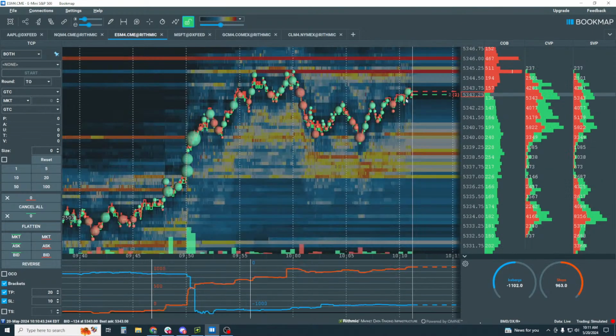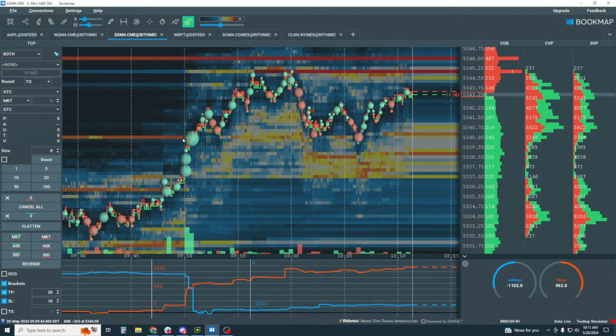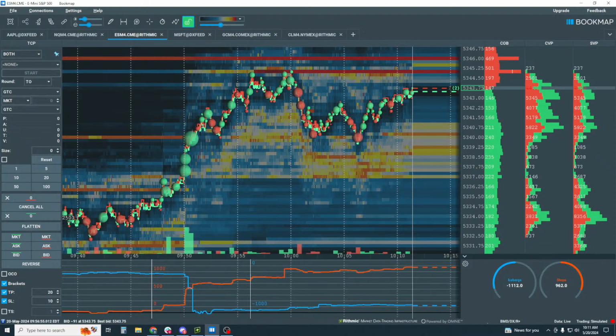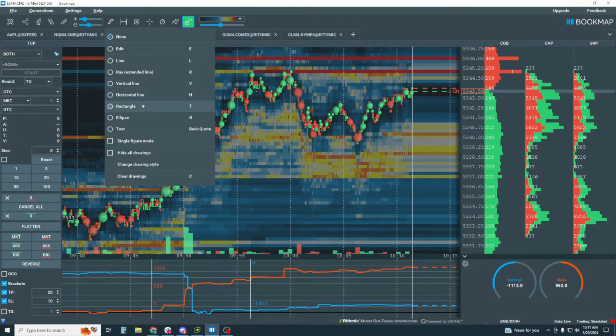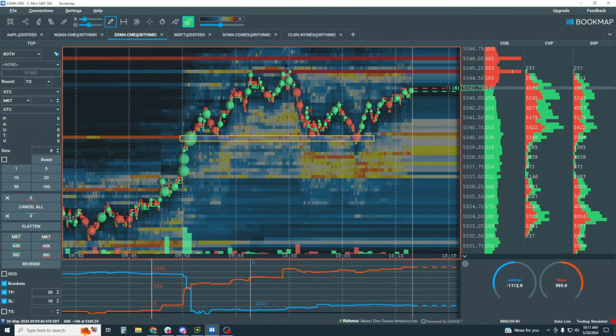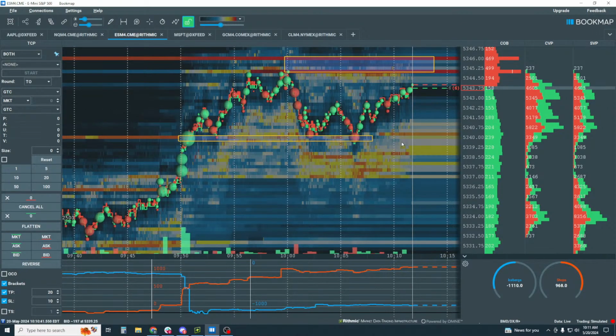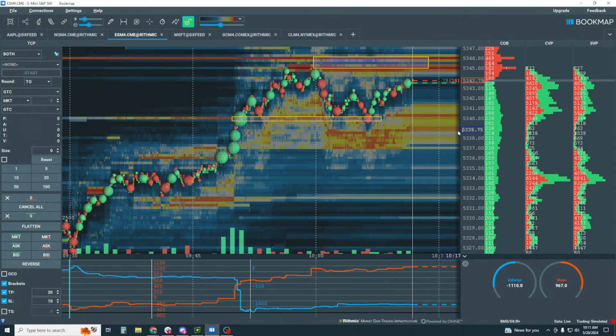Now we may get a little shuffle or back and forth in here due to sellers dropping it back down to this swing, this area of liquidity. That is exactly where we traded to, and we can mark that up right here. But we're still looking for buyers to trade up into this area here.